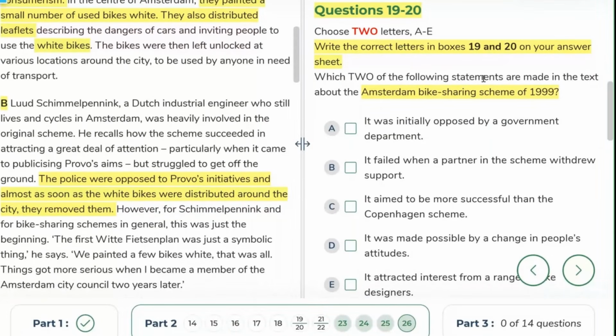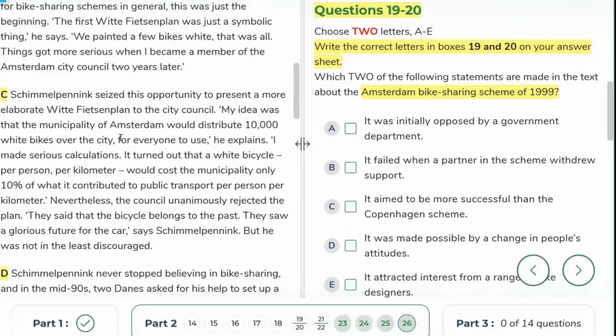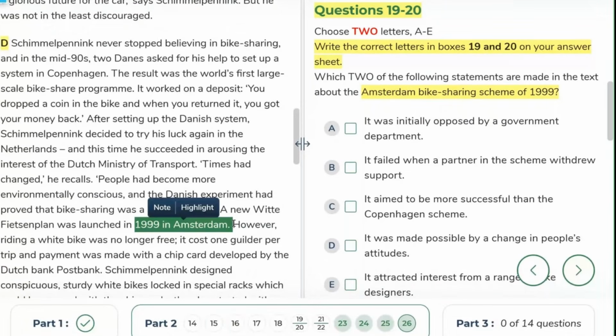We go on and we see Amsterdam bike sharing scheme in 1999. 1999 is here. Amsterdam and 1999. Now, 2 things they mentioned about the bike sharing scheme in Amsterdam in 1999, right? Okay, so let's see what they say about it.